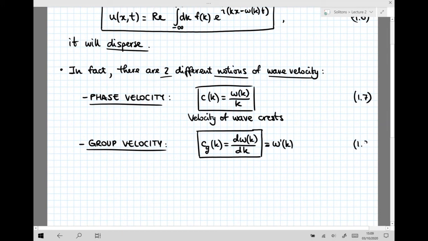That's equation 1.8. So unless omega is a linear function of k, an affine function of k, then the two notions of velocity are different. And as we'll see later in an example, the group velocity turns out to be the velocity of a lump while it disperses.